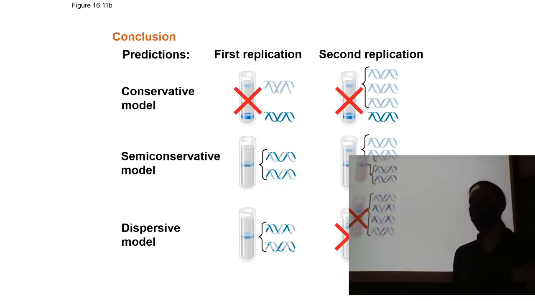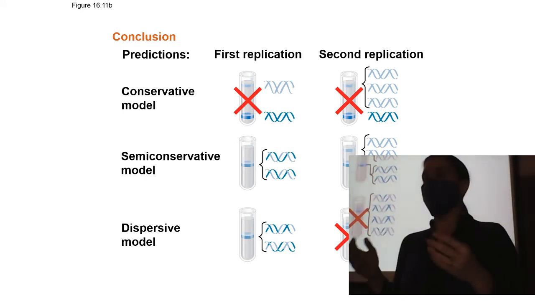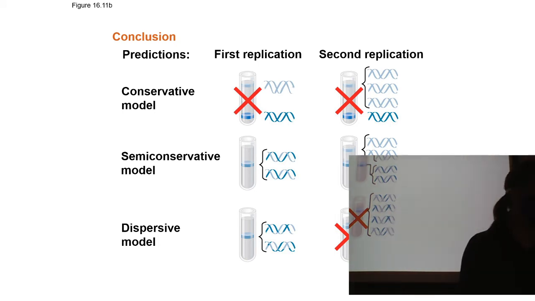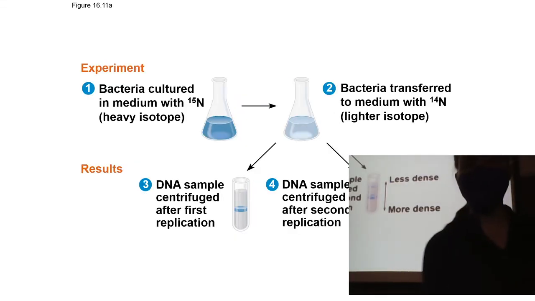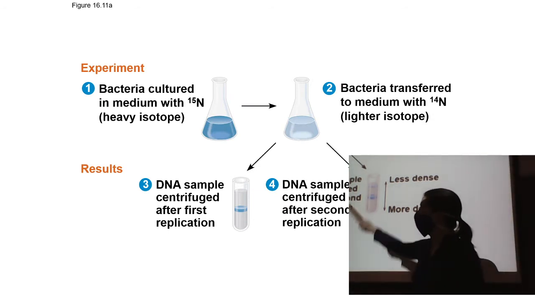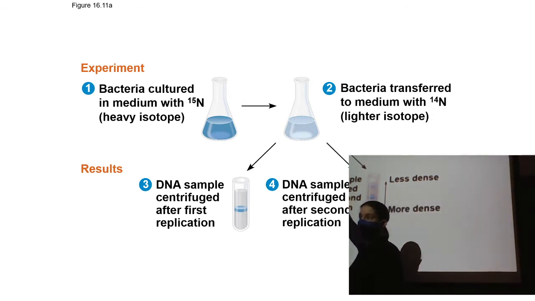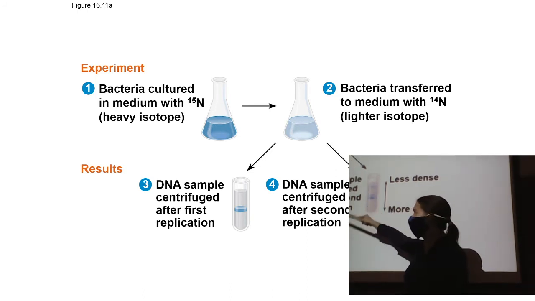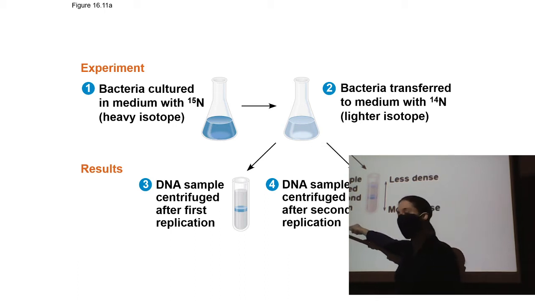If you had the conservative model working, where one DNA strand stays entirely intact and just gets photocopied, then you would have had, back here, this stuff would have been really heavy, right? You throw it in here. The heavy one would have stayed. There would have been a photocopy of a lighter version, and you'd have had a heavy band and a light band of DNA. Do you see that?